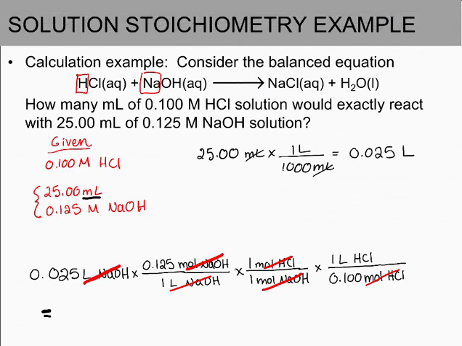So let's simplify this. In the numerator, we have 0.025 times 0.125, and in the denominator, we just have 0.1. Our final unit will be liters of HCl solution.